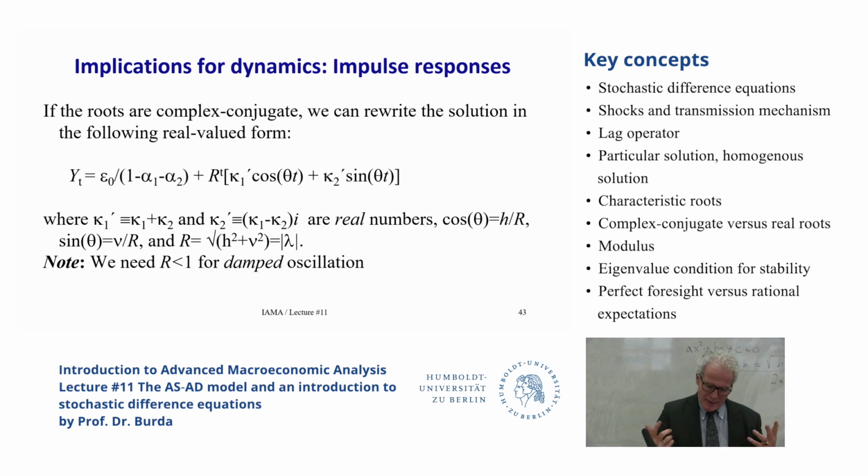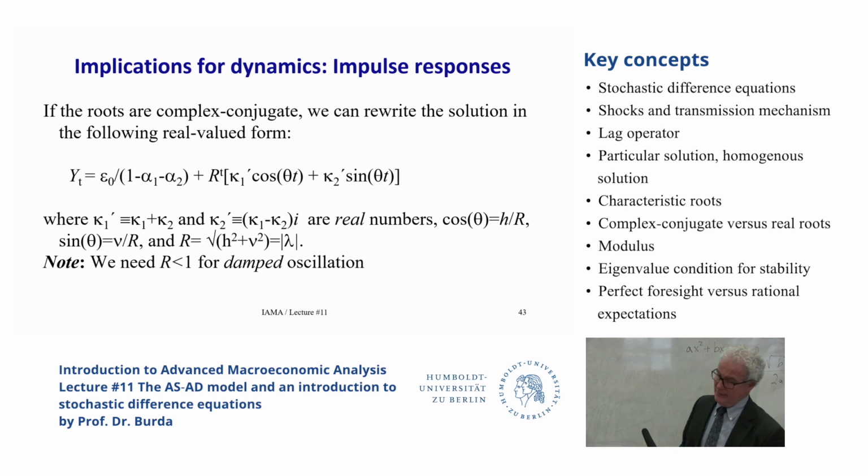Kappa 1 and kappa 2 could be complex conjugates, but kappa 1 prime and kappa 2 prime, written as the sum and the difference of the original kappa 1 and kappa 2, are real numbers. So we're not getting complex conjugate data, we're getting real-valued data, but it comes from this solution, which could potentially lead to complex conjugate numbers.